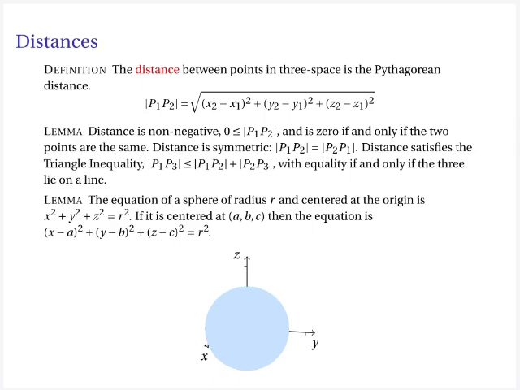Distance satisfies the triangle inequality that we talked about a few minutes ago, that the distance from P1 to P3 is less than or equal to the distance from P1 to P2 added to the distance from P2 to P3. So it's shorter, or at worst equal to go straight from P1 to P3 than to detour via P2. Okay, and the equality holds if and only if the 3 lie in a line.